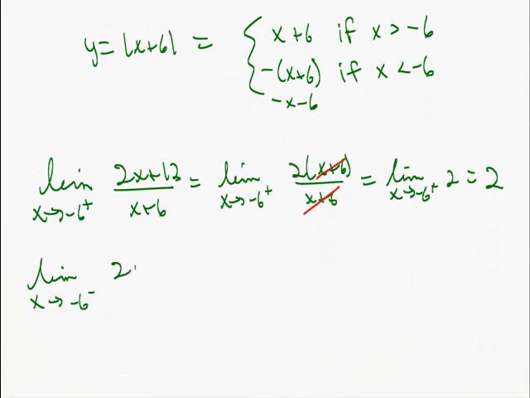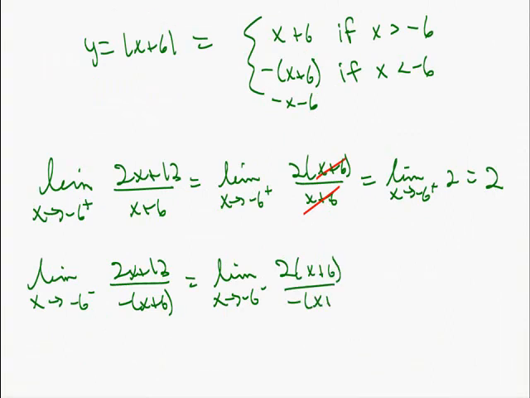Coming at this from the left, we have the negative quantity of x plus 6, so again we can rewrite the numerator as 2 times the quantity x plus 6 divided by negative the quantity x plus 6. Here the x plus 6 divides to 1 again, but this is then equal to the limit as x goes to negative 6 from the left of negative 2, which of course is just negative 2, 2 over negative 1.